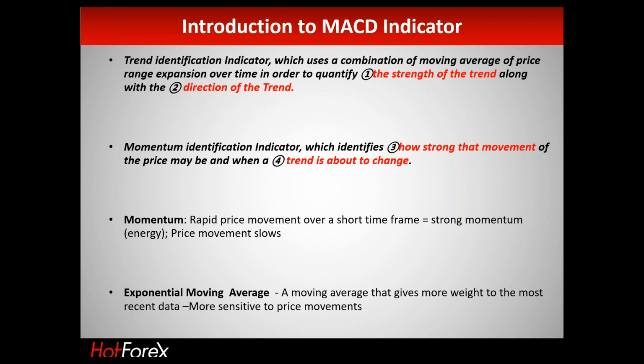That will push our asset to have a very steep, sharp, rapid price movement. So the stronger the movement, the stronger the momentum, the stronger the trend is likely to continue its path.